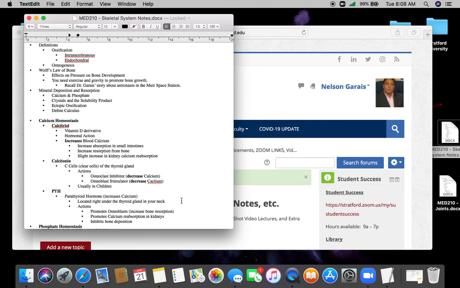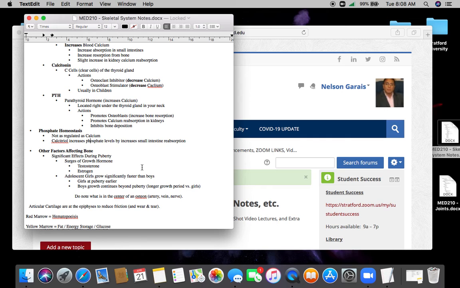Correct that, please, in your notes. Parathyroid hormone increases bone resorption, so I think it's osteoclast, we've got to check that. I think that might be a mistake. Calcium reabsorption is in the kidneys and it inhibits bone deposition. All right, so I think this is osteoclast, because increased bone resorption is osteoclast, not osteoblast.